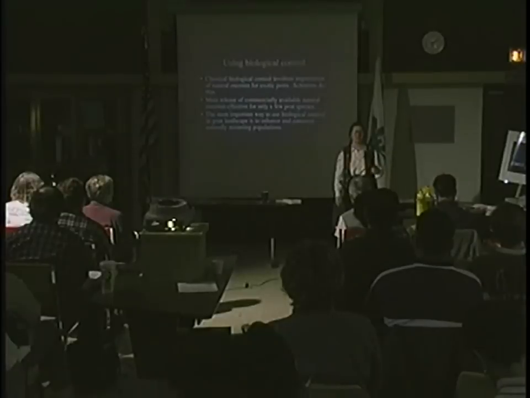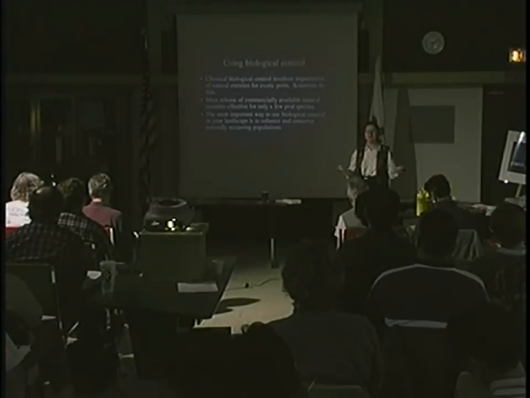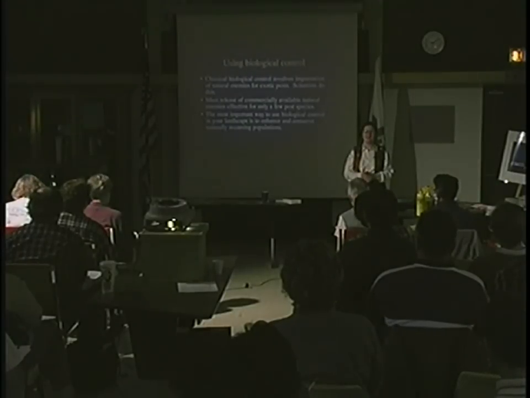We take the case of eucalyptus, for instance. Eucalyptus was established in California from Australia more than 100 years ago. And for the first 100 years, there were no pests on eucalyptus, and that's why it thrived here.